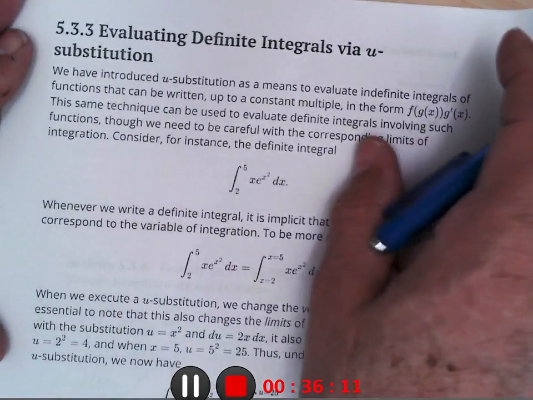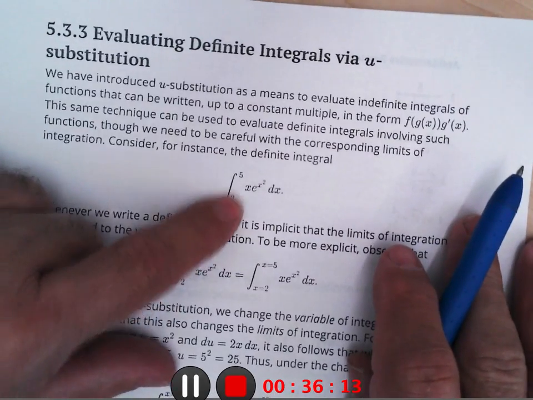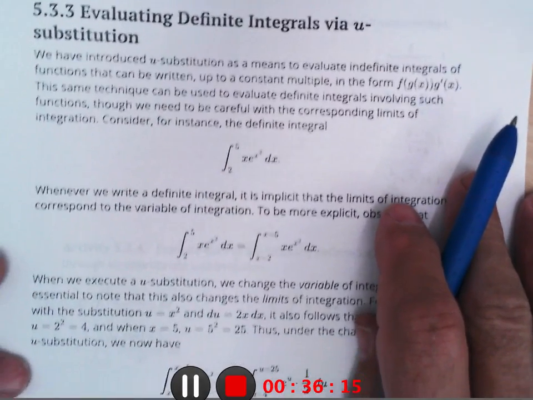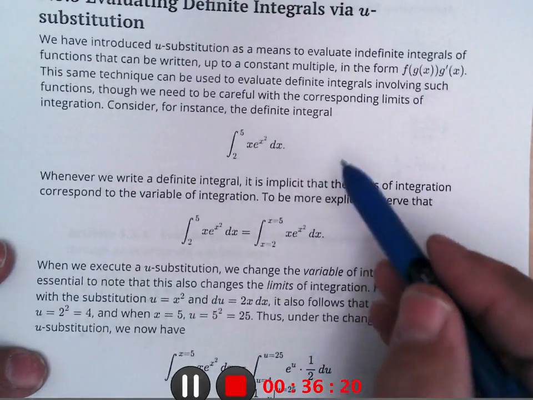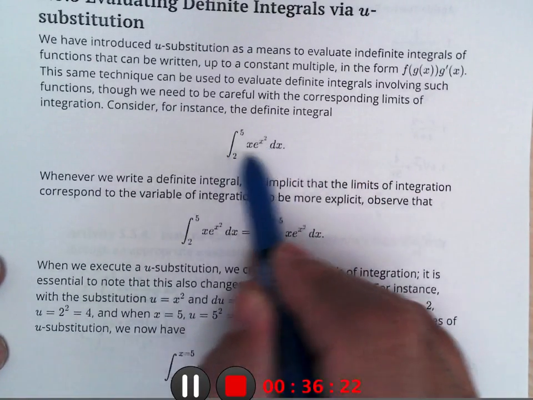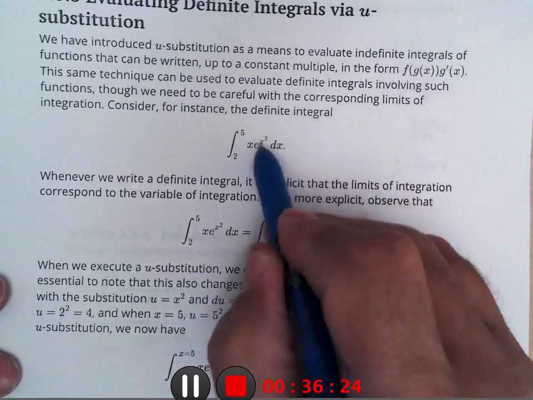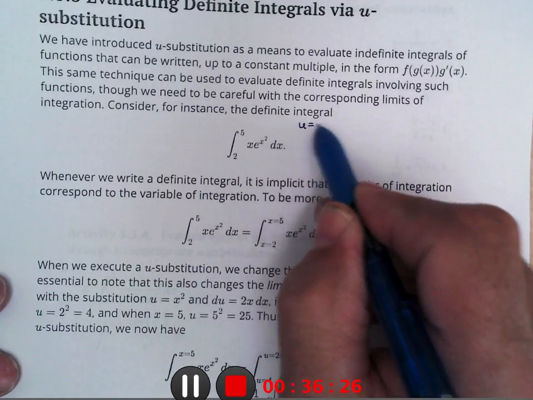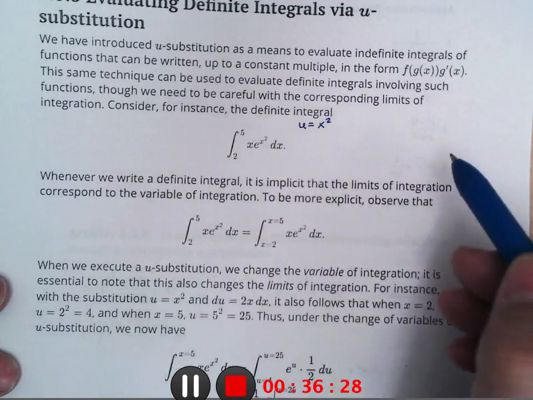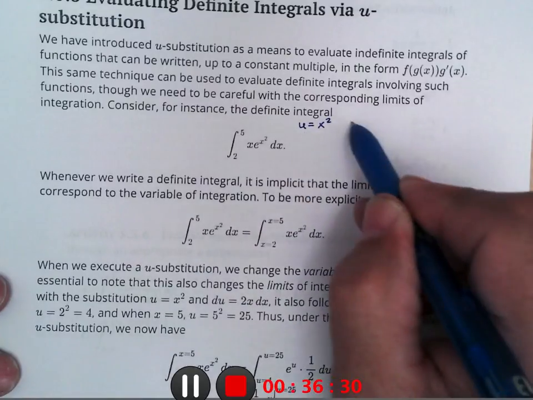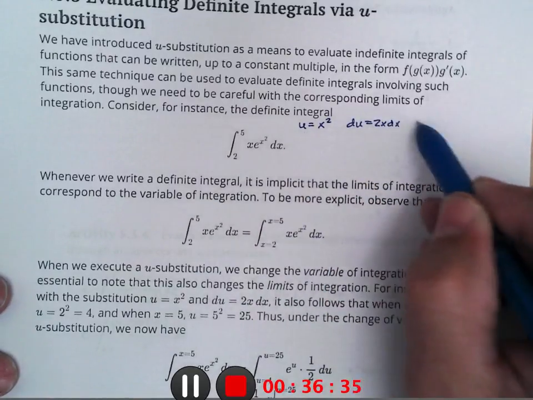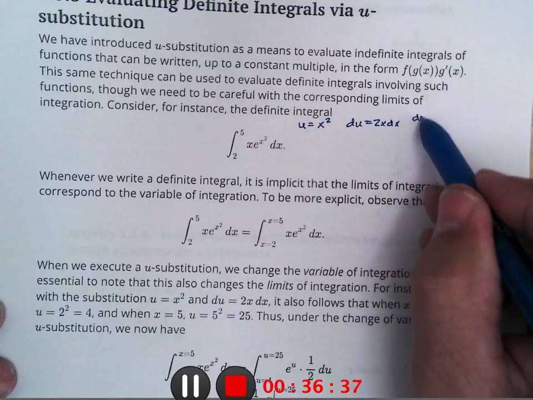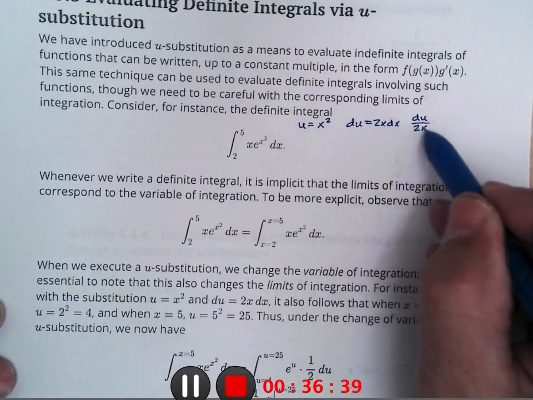So now, what do we do when we have limits, a definite integral? Okay, so in this one, we've done this one already, and we would have let u equal x squared. So du would equal 2x dx, so we get du over 2x is dx.